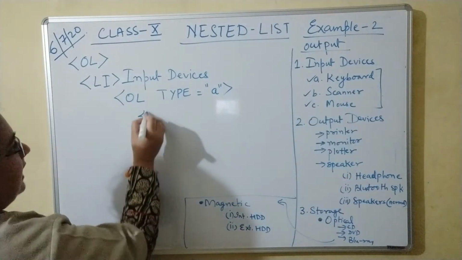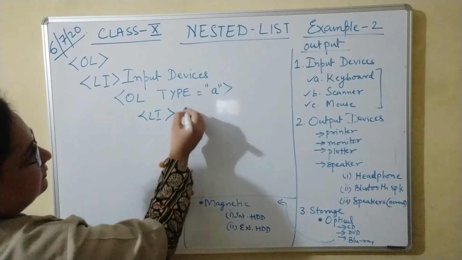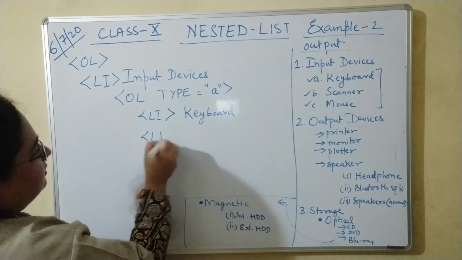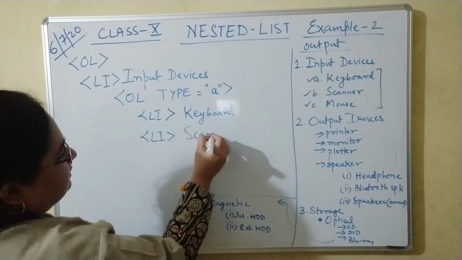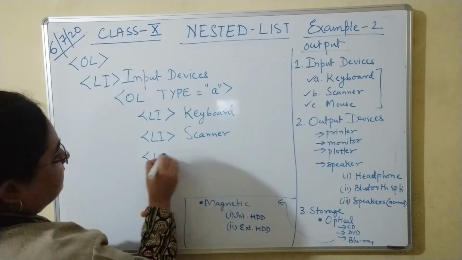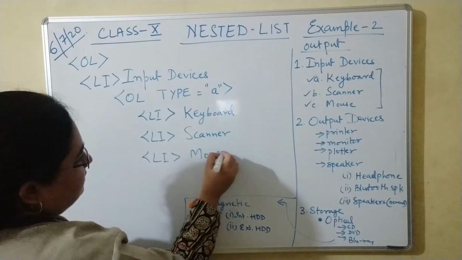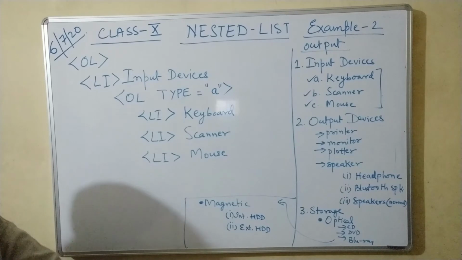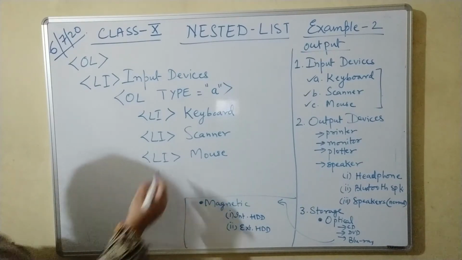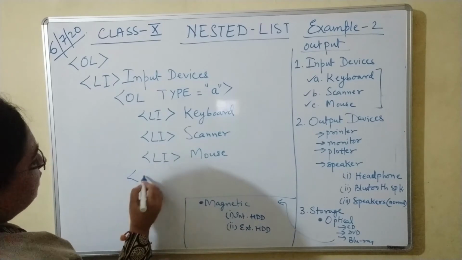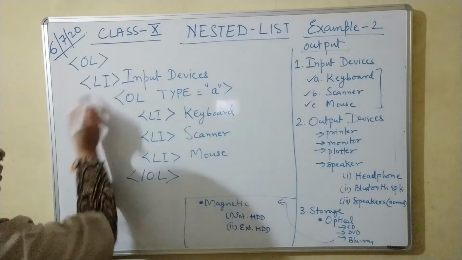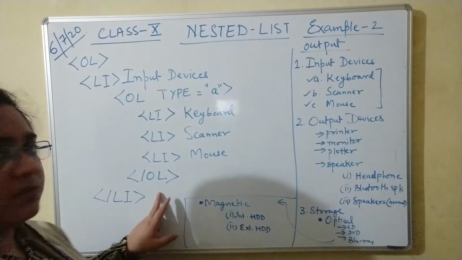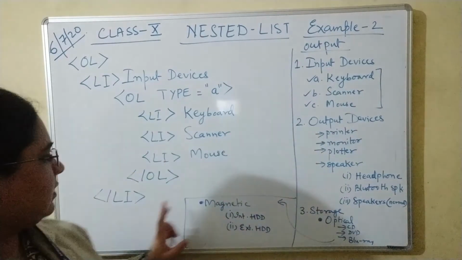So we will type that, and again list item: keyboard, scanner, and mouse. Here we will close the OL tag, and we will close this LI tag also, because our first list item ends here with the end of the first ordered list.